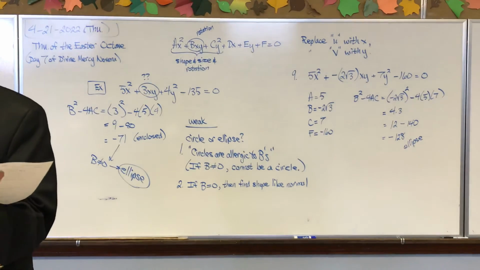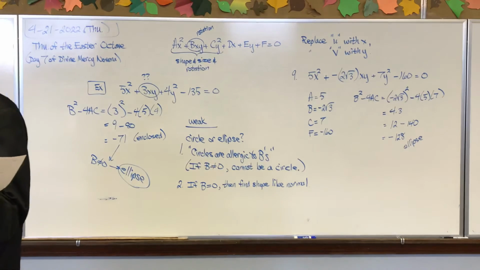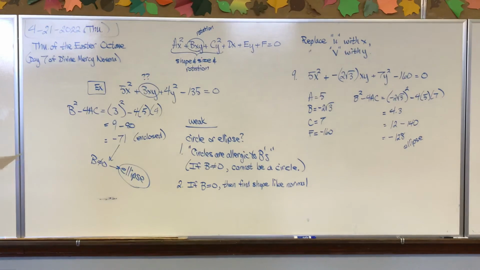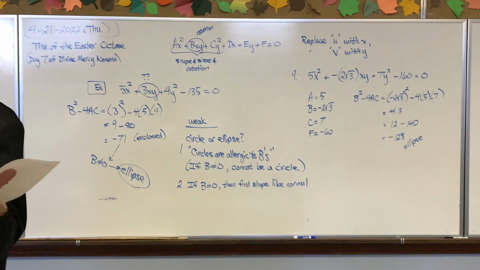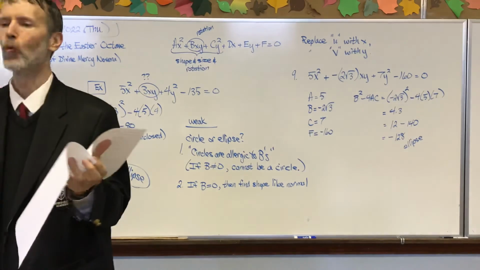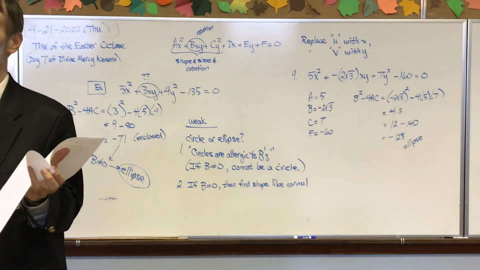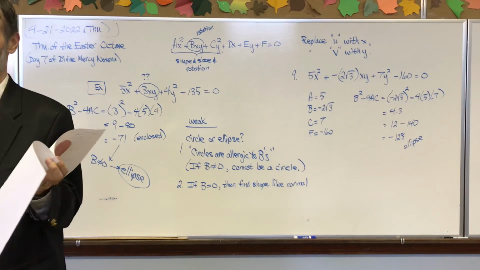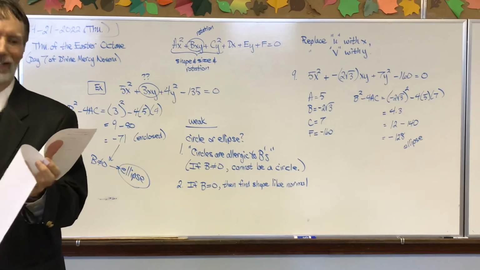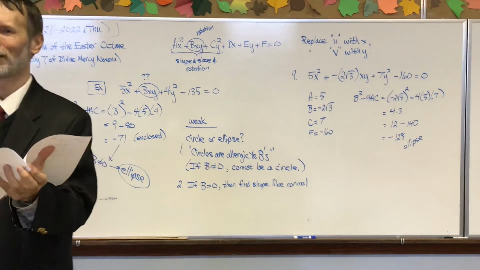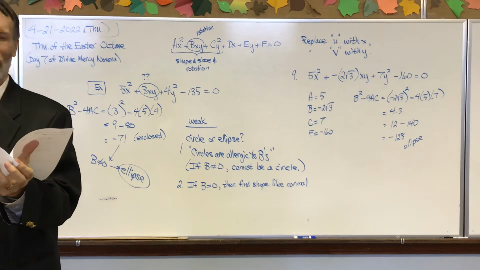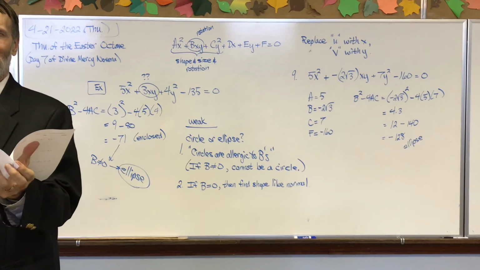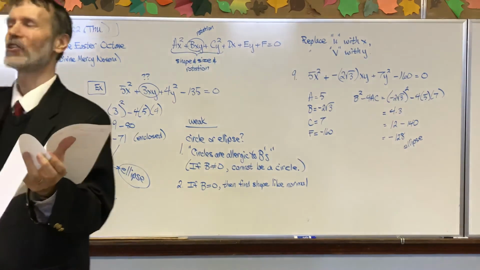Yeah, that's a hyperbola. How do you know? X and Y are both squared, but one of them is negative. Which letter is the leader? The Y is the leader. Why do you say that? Right, it's a subtraction problem.